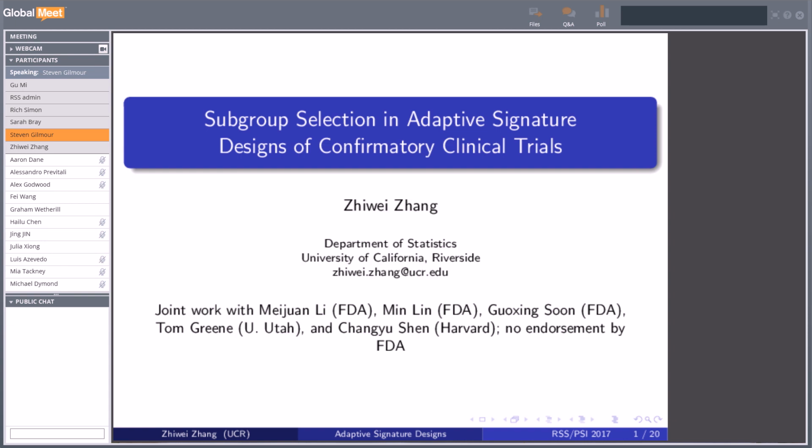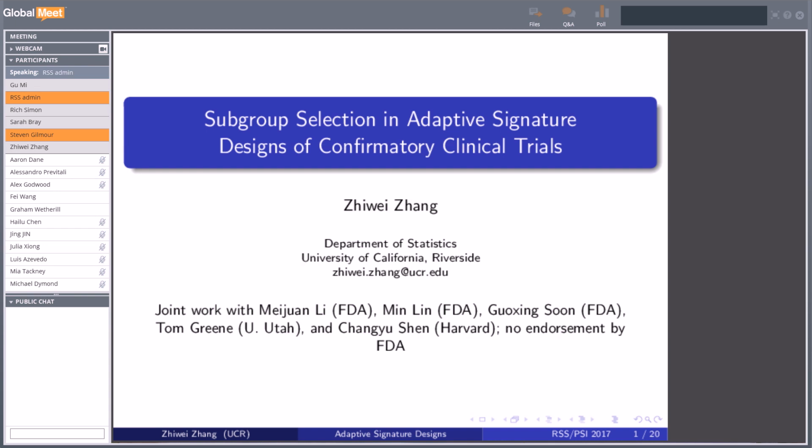Dr. Ziwei Zhang is Associate Professor of Biostatistics at the University of California, Riverside. He received his PhD in biostatistics from the University of Pittsburgh in 2004, and prior to his current position, he worked at the US Food and Drug Administration as a mathematical statistician, and at the US National Institutes of Health as an investigator in biostatistics.